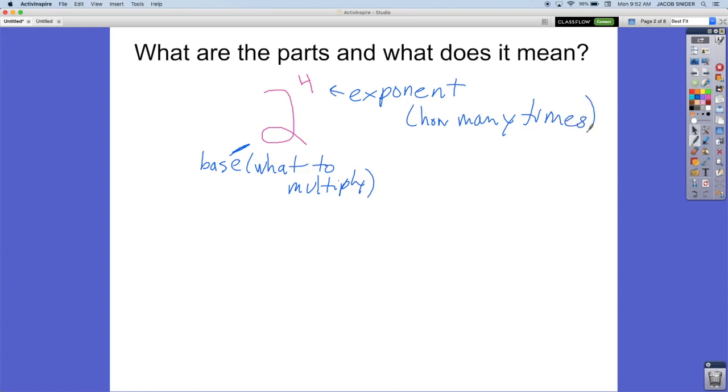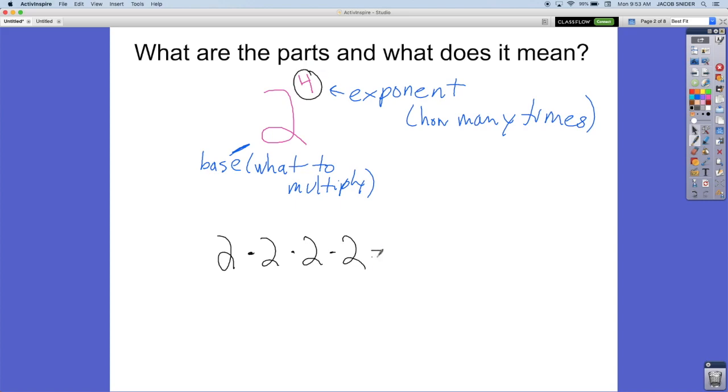So in this instance, we would take 2, and it's really 2 times 2 times 2 times 2. The base was 2, so then the exponent tells me how many times to multiply it. It tells me to multiply it 4 times.